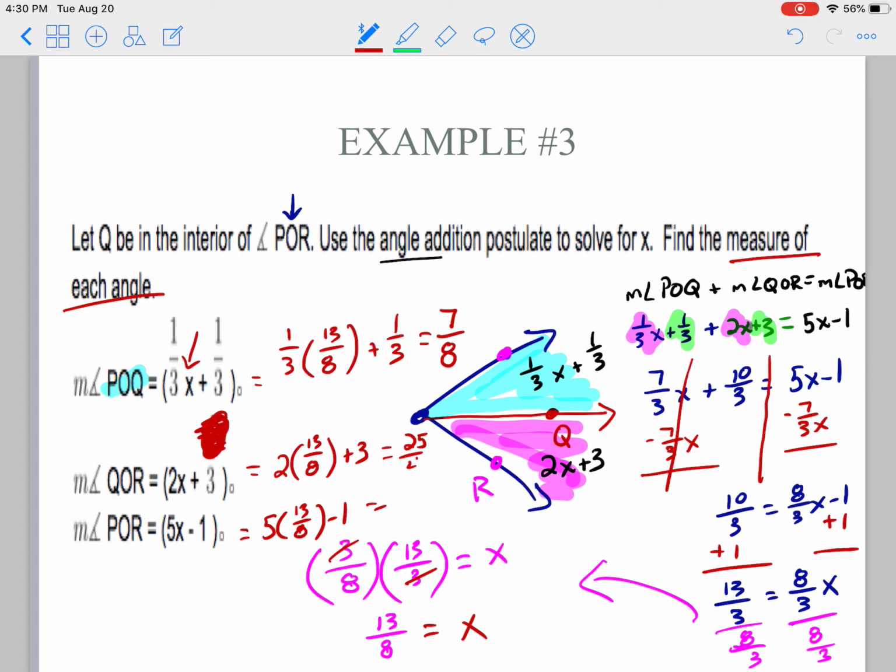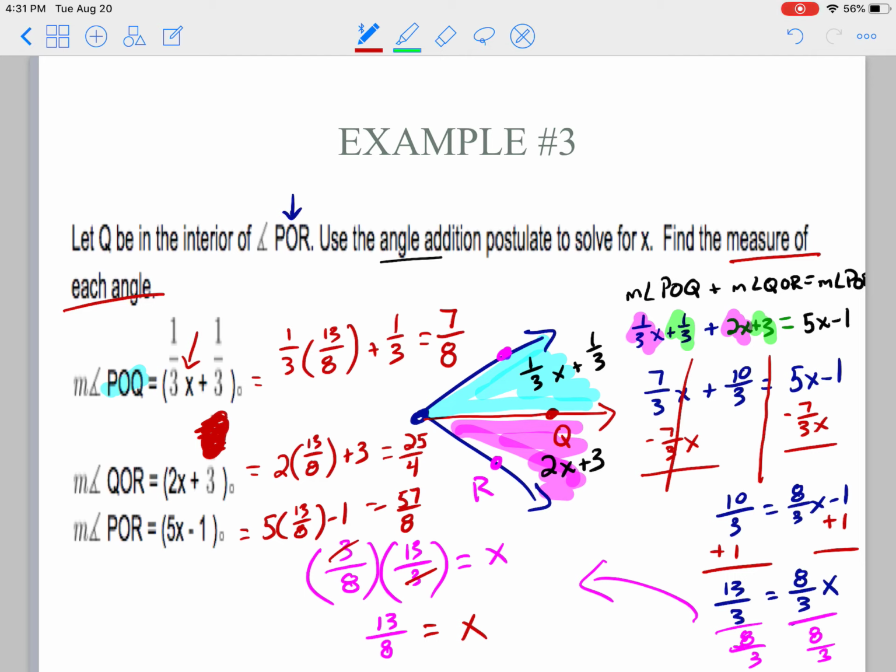This is 25/4. And 5 times 13/8 minus 1 is 57/8.